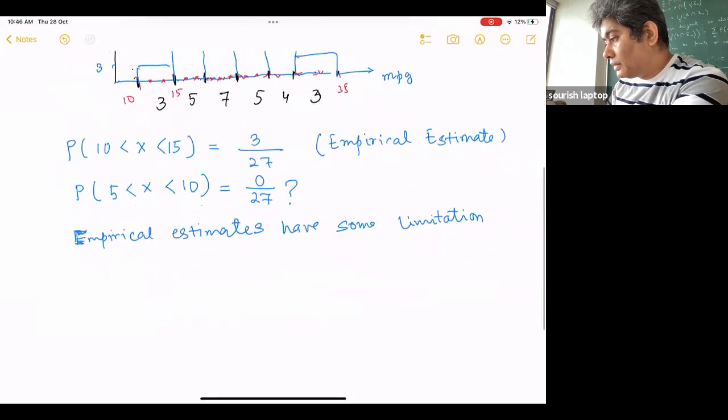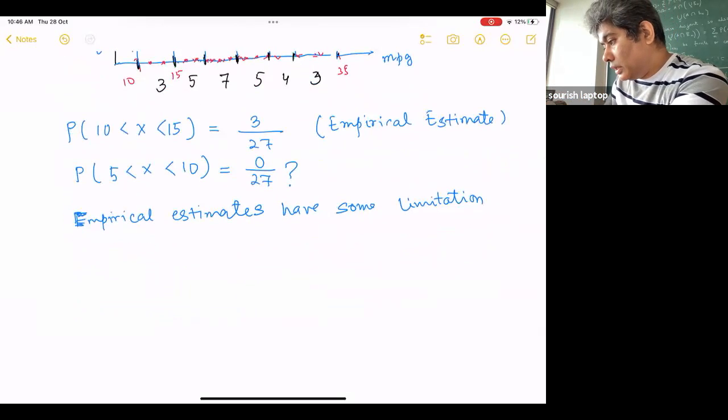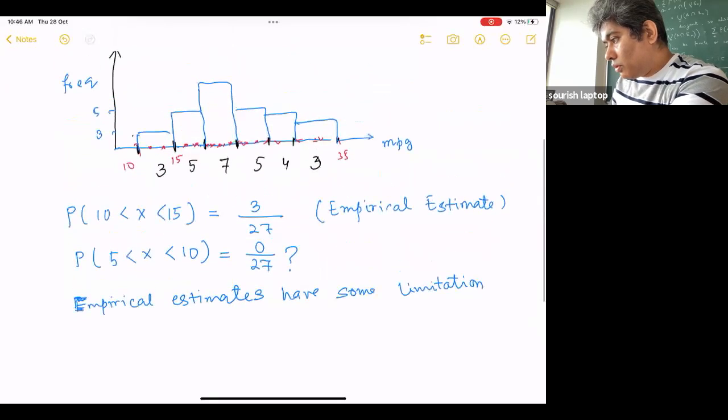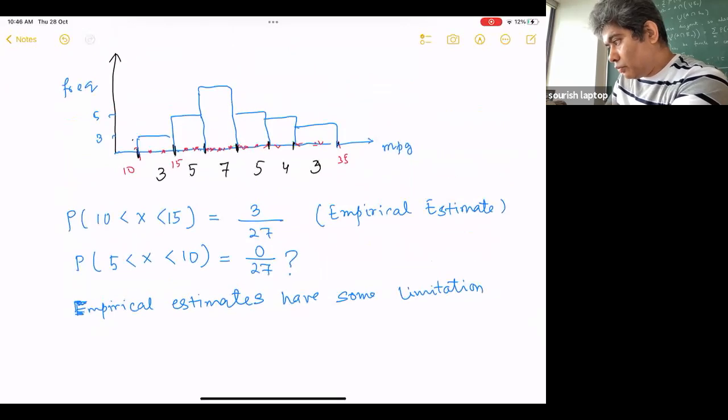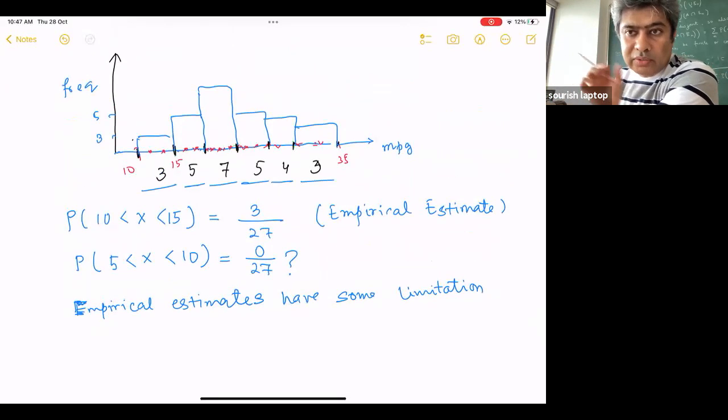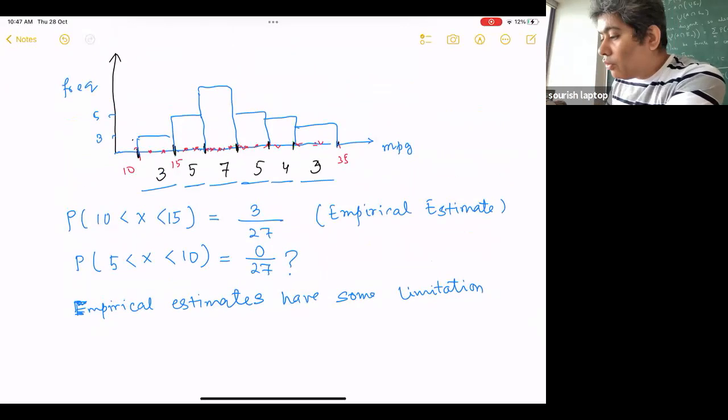What is that tweak? One more thing before we move on. Typically, when you see a histogram, we take equal bin width, but you don't always have to take equal bin width.